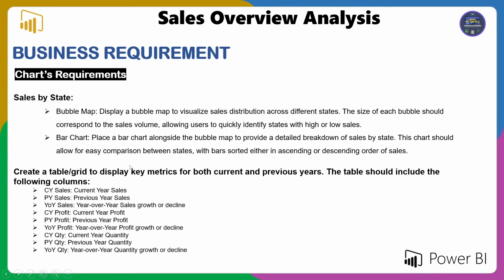Then we are going to create a table or grid to display different metrics for current and previous years. And this is the list of metrics which you have to find out: current year sales, previous year sales, year on year sales. Same, we have to find out current year profit, previous year profit, and year on year profit, and current year quantity, previous year quantity, and year on year quantity.